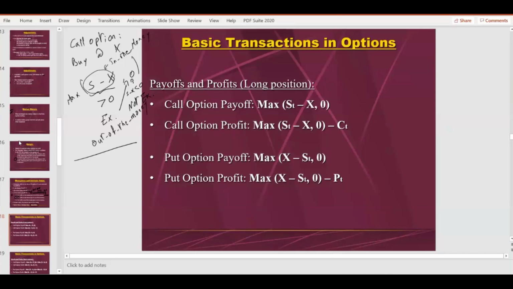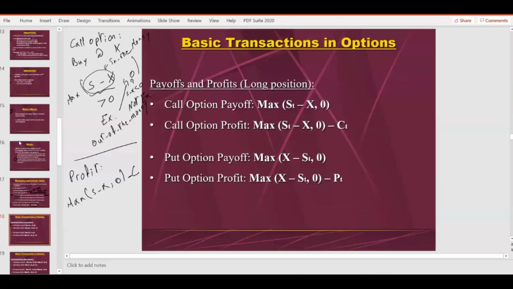The profit, I should consider the premium I've paid for that call option. So the profit on my position is mainly the payoff, the maximum of S minus X and 0, minus C, which is the price of the call option, the premium I've paid to buy this call option.